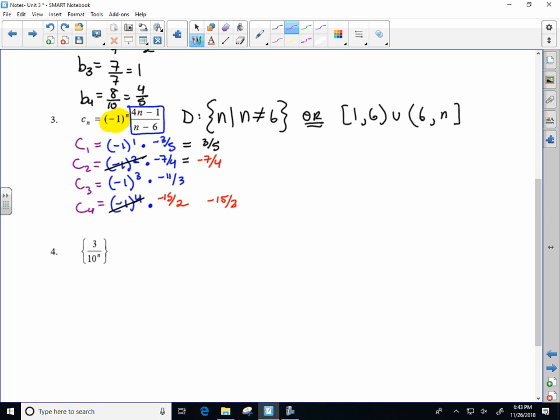Wait, the second one, is it not -2/4? Because 2 minus 6 is -4. For the second one? Yeah. So the denominator, 2 minus 6, will be -4.